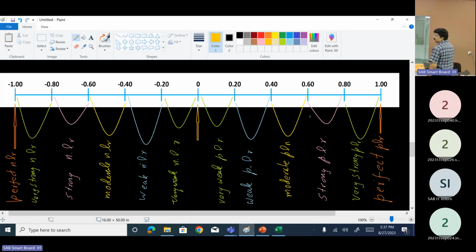So zero we consider separately. Zero means no, you can't say no relationship, it is no linear relationship. Zero means no linear relationship.